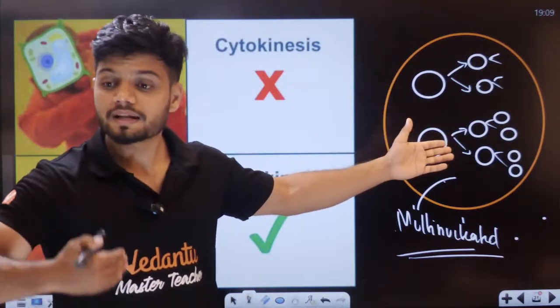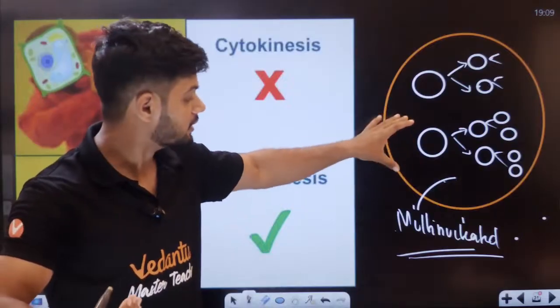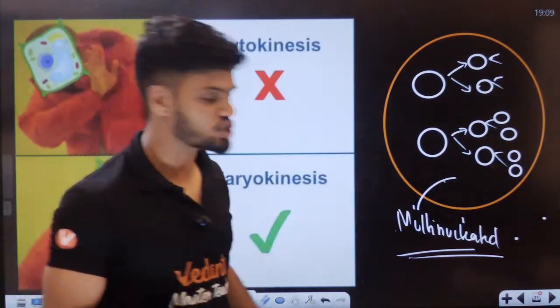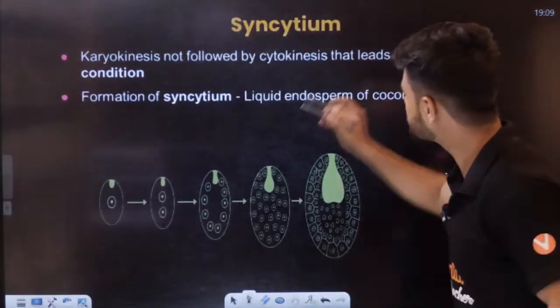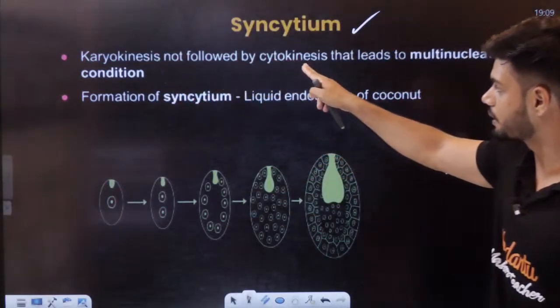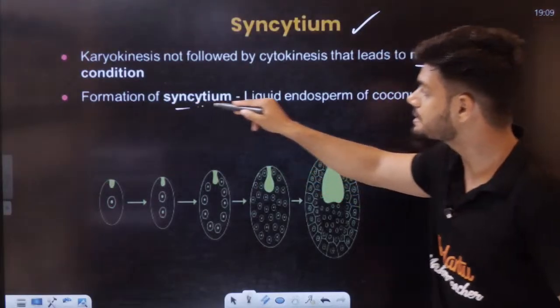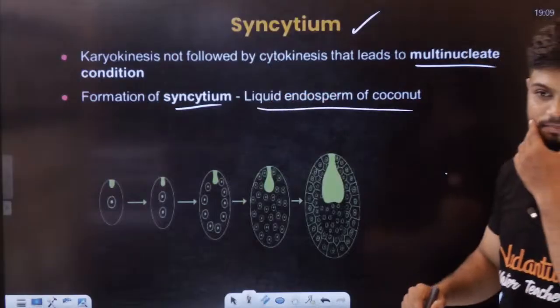Yes. So when there are multiple nuclei like this in one cell, that is called syncytium formation. So karyokinesis not followed by cytokinesis leads to a multinuclear condition, that is called syncytium. One of the examples is the liquid endosperm of coconut. Okay.